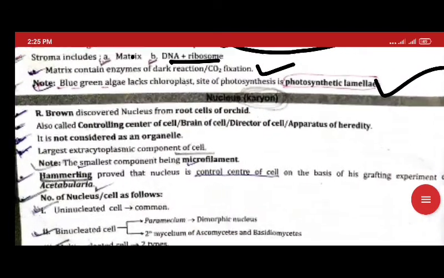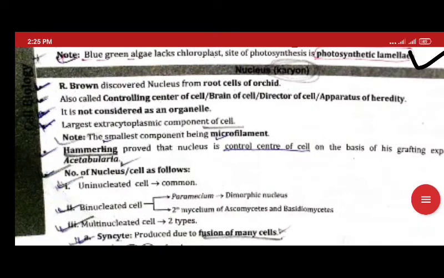Now we come to the nucleus. Actually, the nucleus is not a cell component. In the cell, on one side we have cytoplasmic organelles and on the other side the nucleus.